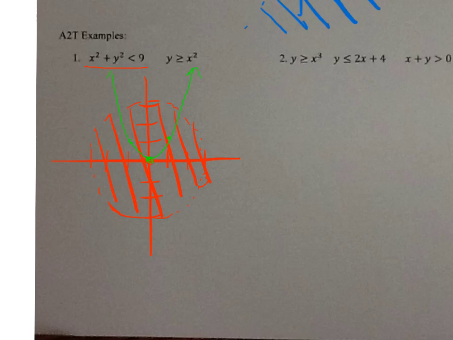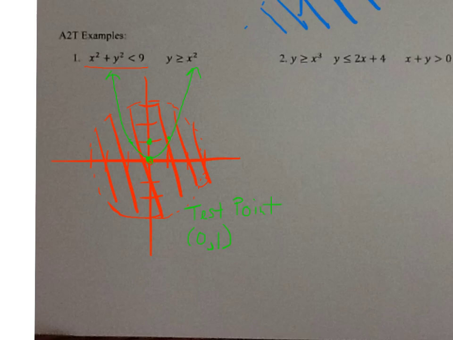Alright, now the shading for this one might not be as easy to spot. You guys will get pretty used to doing it. But if you remember from Algebra 1, if we're not sure which way to shade, what we do is we pick a test point. Now, you can pick any point you want, as long as it's not on the parabola. So for instance, I'd love to be able to pick 0, 0, but that's right on the parabola. So I'm not going to pick that one. I'm going to pick 0, 1 this time. Okay, so 0, 1 is the point right here.